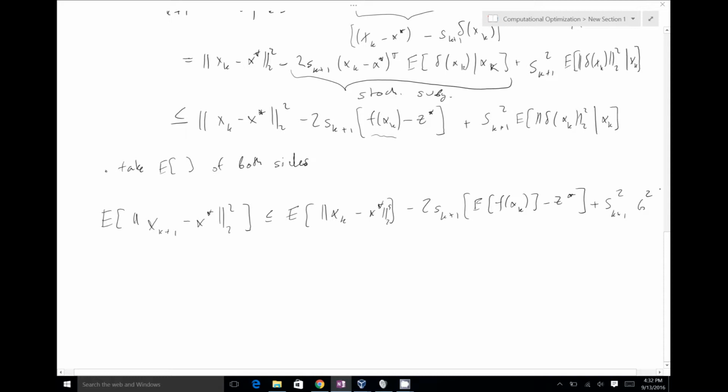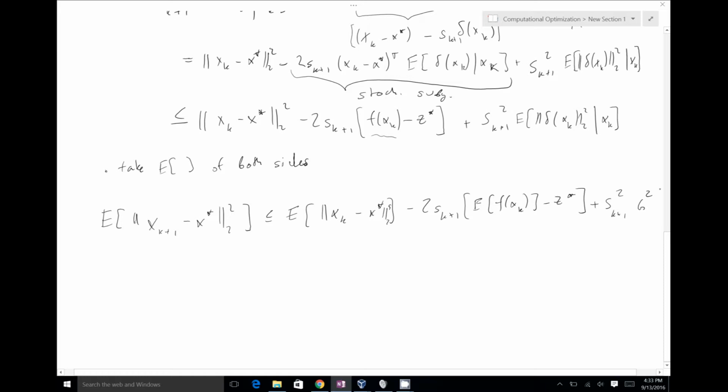But the point is, I can take this inequality and repeatedly substitute it into itself, right? So I could replace it with a slightly bigger expression that involves xk minus 1, and then a slightly bigger expression that involves xk minus 2, and xk minus 3, and so forth, until I roll it back all the way down to x0, okay?